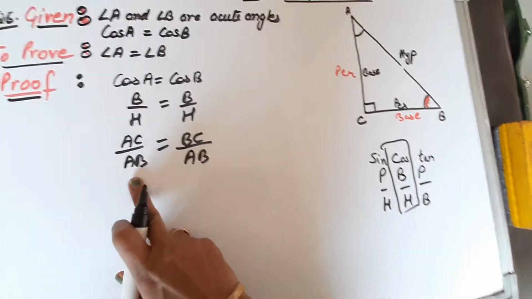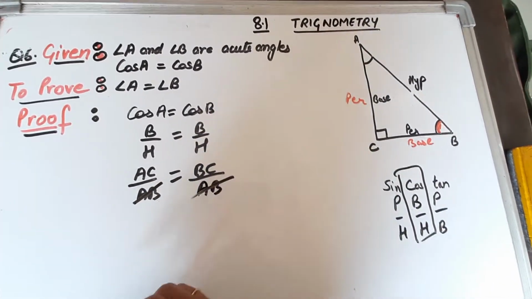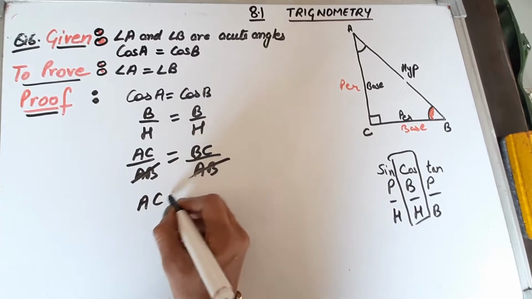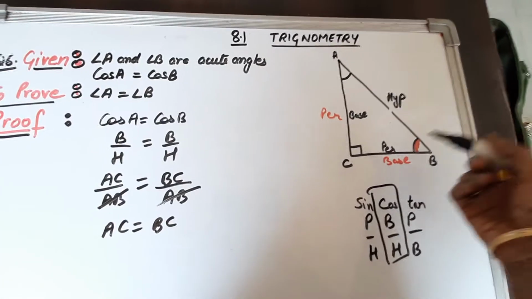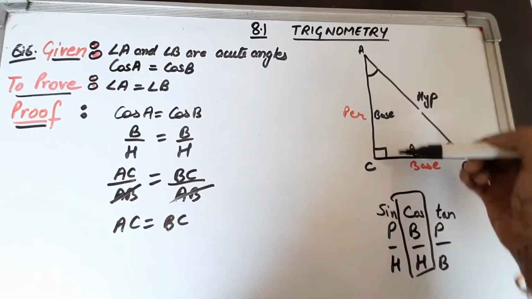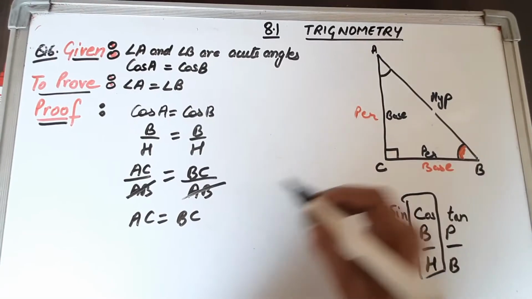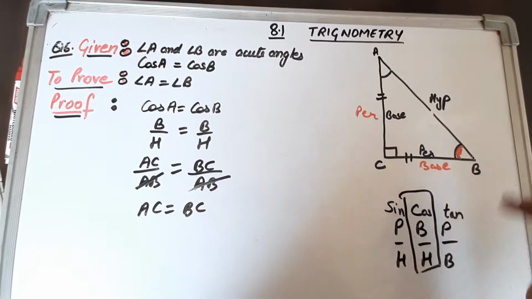Now because the denominator on both the sides is same, we will cancel it out. What is left with us? AC is equal to BC, means these two sides are equal. So let us look into the figure that which are these two sides, AC and BC.